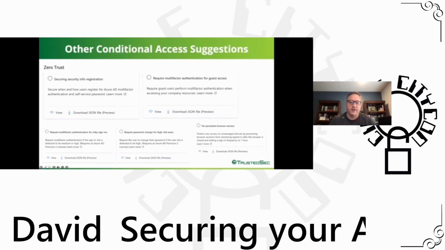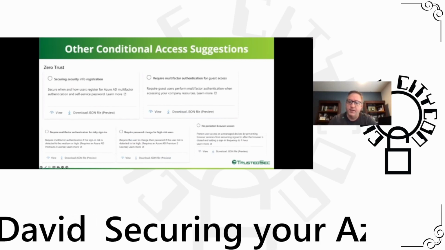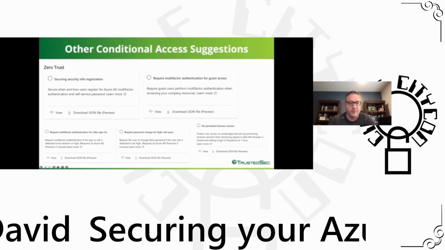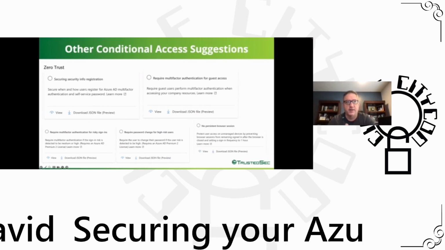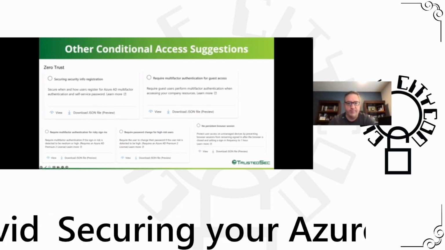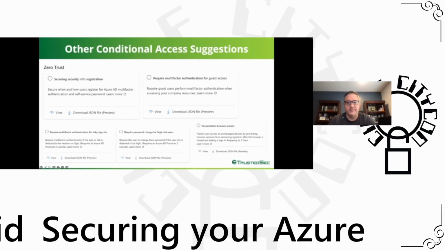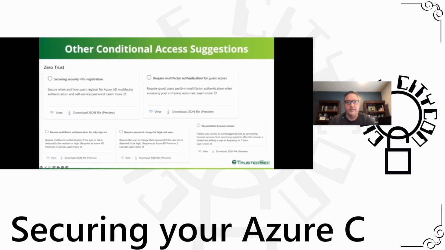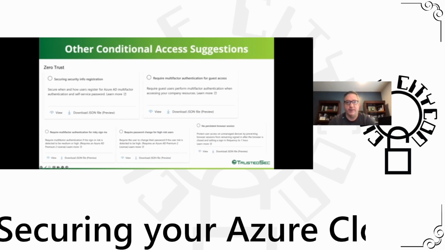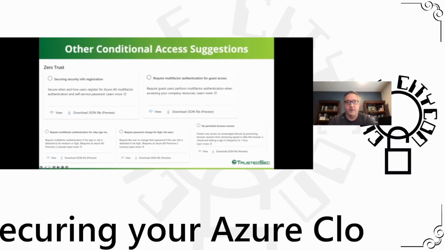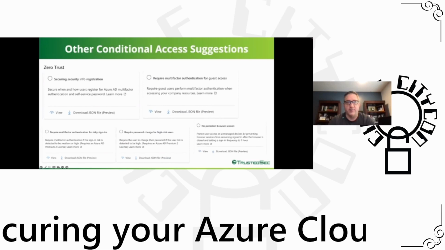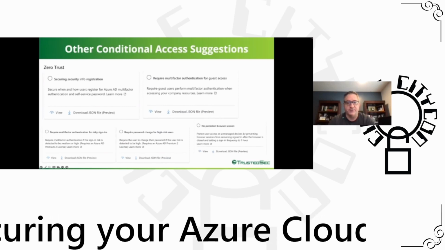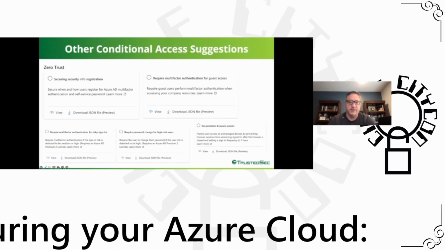Just a few other things. There's a template in Conditional Access around Zero Trust that has a lot of fantastic pre-built templates. So if any of these look new or foreign to you, especially if you're an Azure AD Premium 2 user, you have access to high risk sign-ins and high risk users. Definitely utilize those.